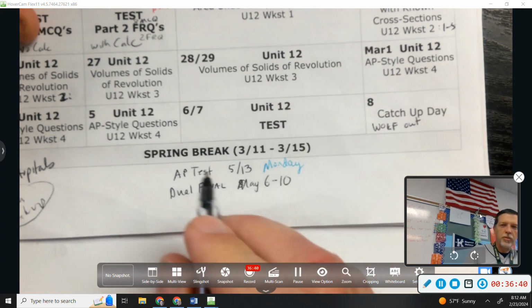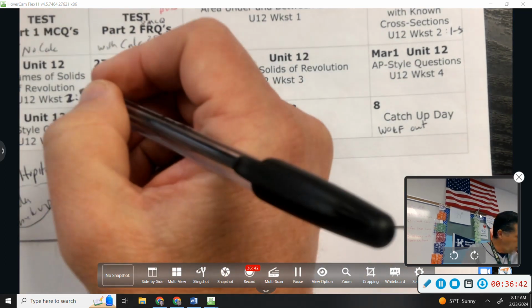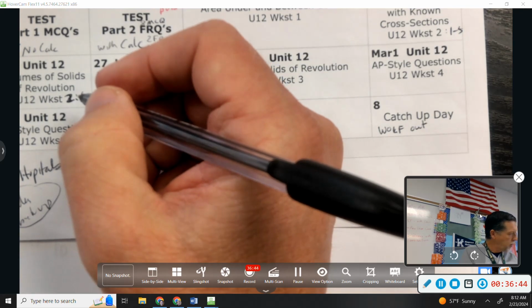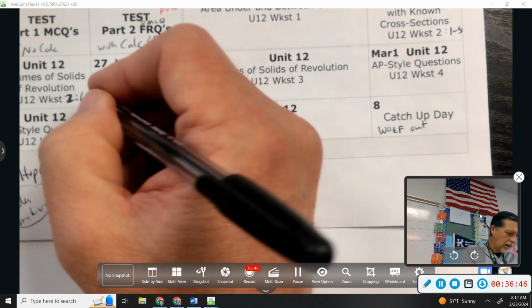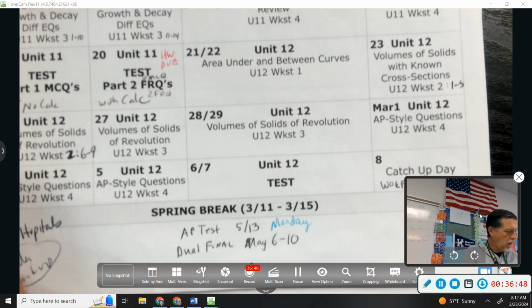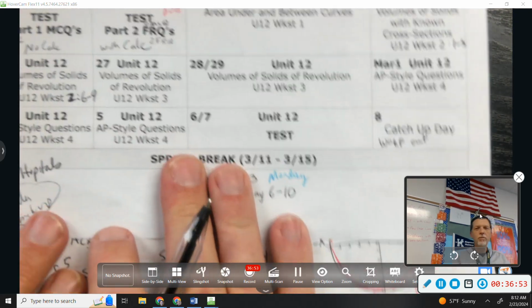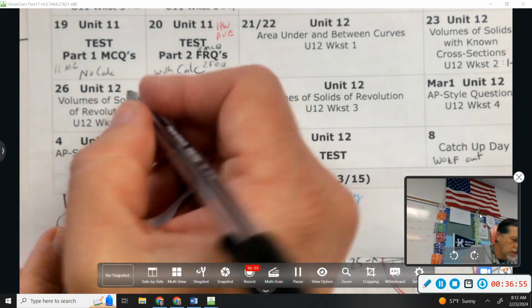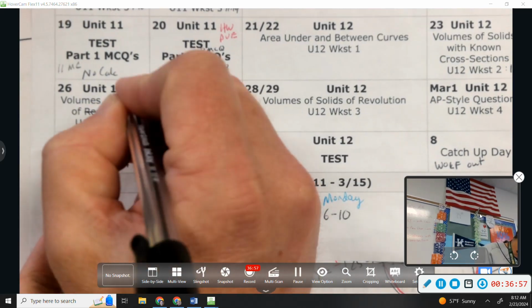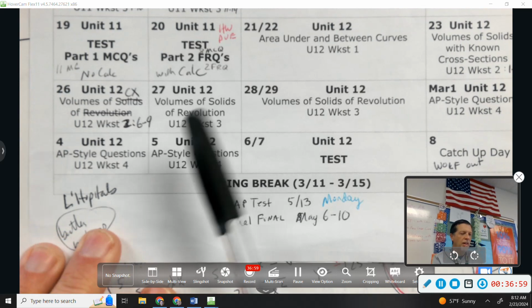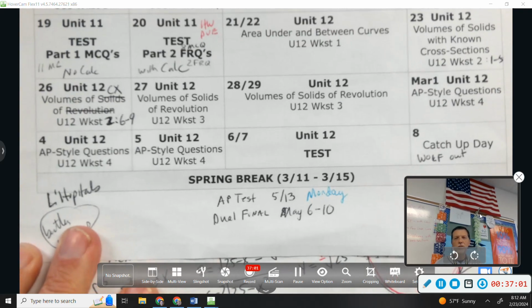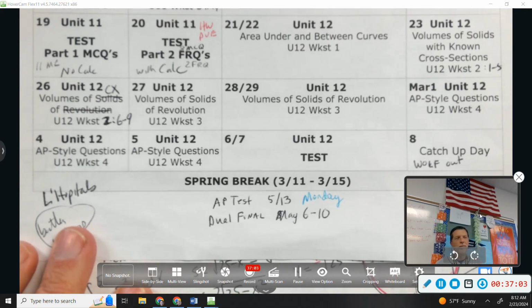I'll answer some from 1 through 5, and we'll work kind of together on 6 through however many is left. 6 through 9. So we won't do anything new Monday. We'll stay focused on volumes of cross-sections. And we'll still have 2 days for revolution and then 3 days of review. So we're fine on time. We're not pushing anything on this.